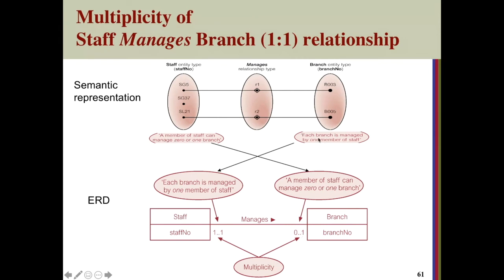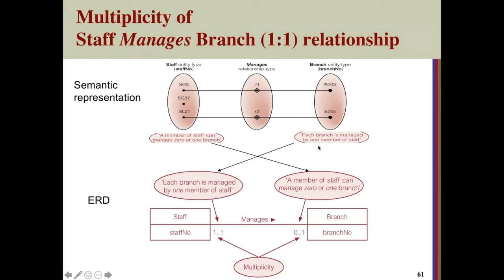And the left side description says 1 member, exactly 1 member. It cannot be 0, it cannot be more than 1. So minimum is 1, maximum is 1. So these are 2 numbers, 1, 1. It can be the numbers given, or it can be minimum or maximum.